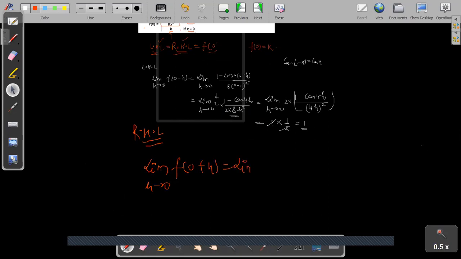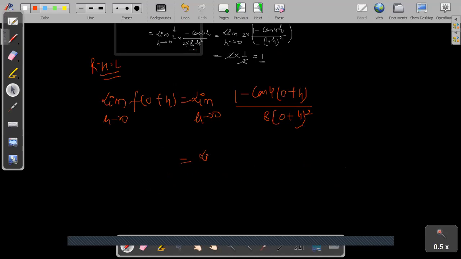All right, I'm substituting this 0 plus h here. So 1 minus cos 4 times of 0 plus h upon 8 times of 0 plus h whole square. So this is limit h tends to 0, cos 4h divided by 8h square.